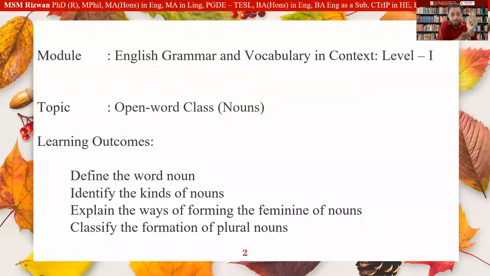In addition, explain the ways of forming the feminine of nouns. And finally, classify the formation of plural nouns in English. So dear students, focus your attention to achieve all these 4 learning outcomes throughout this lecture.